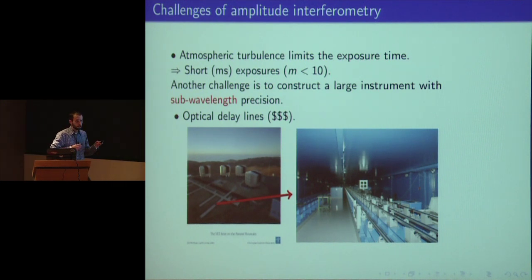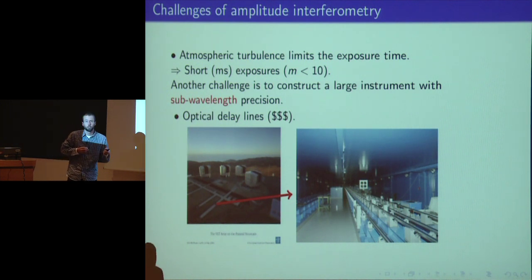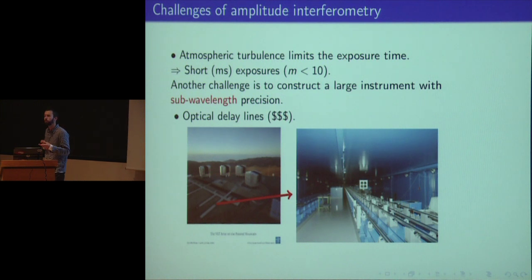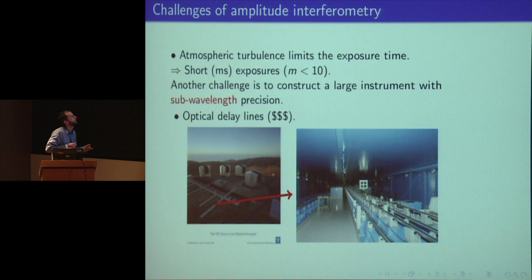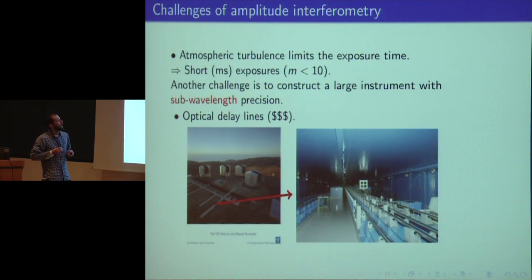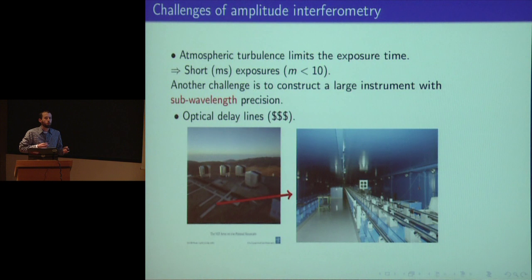Because these distortions occur at timescales of the order of a few milliseconds, exposures in interferometry are limited to just a few milliseconds, and this limits the magnitude of the object that we can observe. So current instruments cannot go beyond magnitude 10.